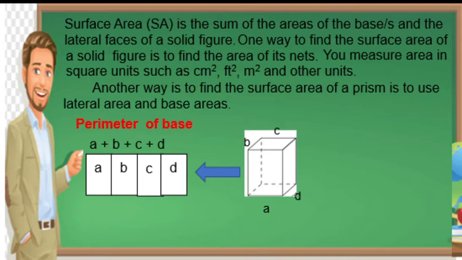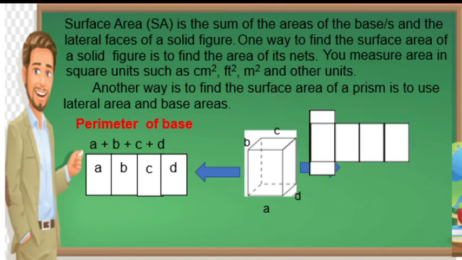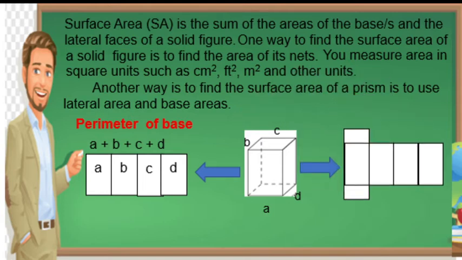And to get the lateral area of that, of course, we have to get the net. And this is the net of this box. So there are 6 faces. This is the side, and the side. This is either the top or the bottom, and this is the bottom or the top. It depends on how you open it and take the net of it.